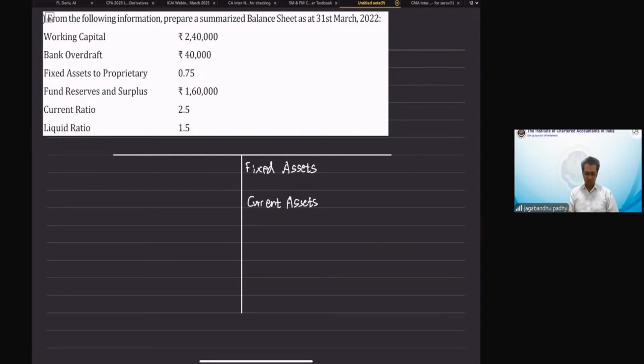Working capital is current asset minus current liability, and current ratio is also current asset upon current liability. So we have got the current ratio. In the proprietary funds, we'll have share capital and also reserves.